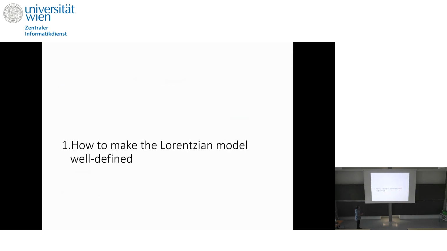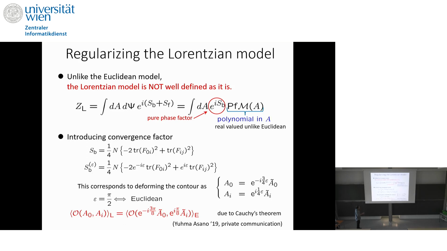So the Lorentzian model is connected to the Euclidean model by just this epsilon. Epsilon 0 corresponds to the Lorentzian model. Epsilon pi over 2 corresponds to the Euclidean model. And the point here is that as far as epsilon is between 0 and pi over 2, this model is well defined. So that means that these two models are actually equivalent.